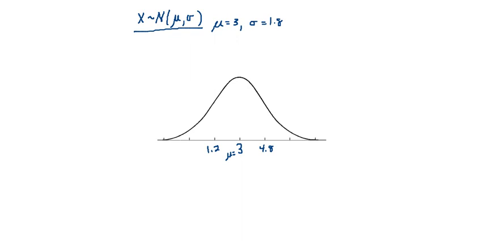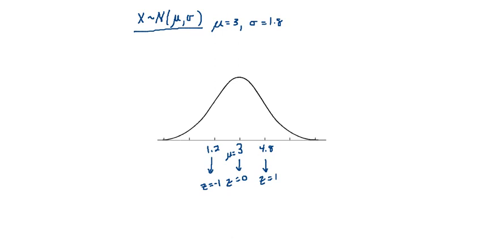These correspond, by the way, to a score of z equals 0. This would correspond to a score of z equals positive 1. And this would correspond to a score of z equals negative 1. Right? And you could do the calculation.